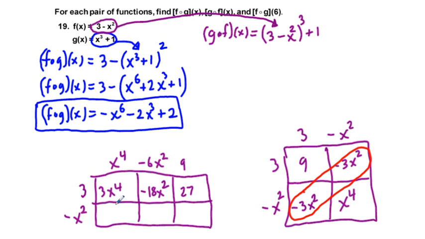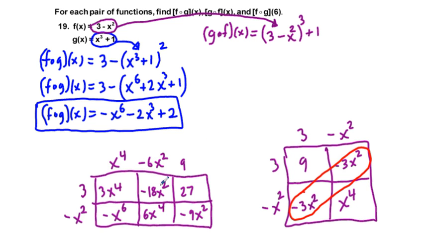In the lower row, we have negative x squared times x to the 4th is going to be negative x to the 6th. Then we have negative x squared times negative 6x squared is going to be positive 6x to the 4th. And then we have negative x squared times 9 is going to be negative 9x squared.